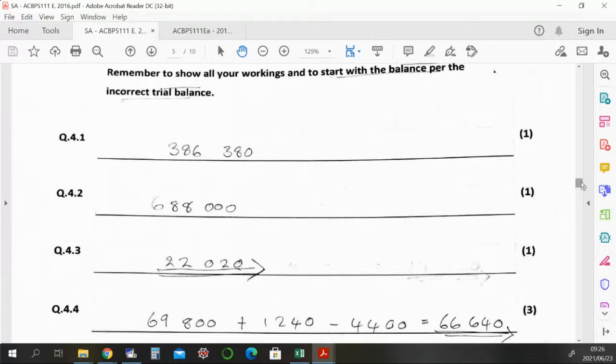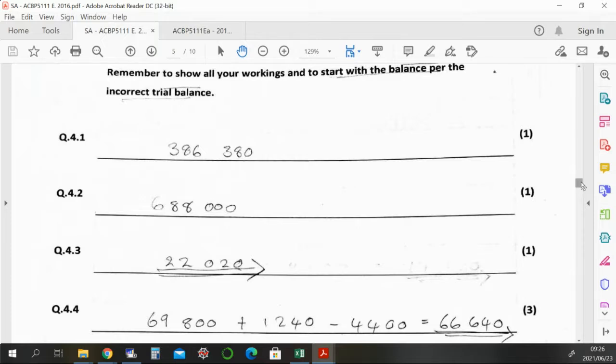Because what we're saying is, we either gave that trading inventory to the supplier, or they gave us a rebate on trading inventory, or they had overcharged us on trading inventory. Does that make sense? So either way, this 4,400 is actually reducing our trading inventory. So to reduce trading inventory, now your debit-credit rule comes into play.